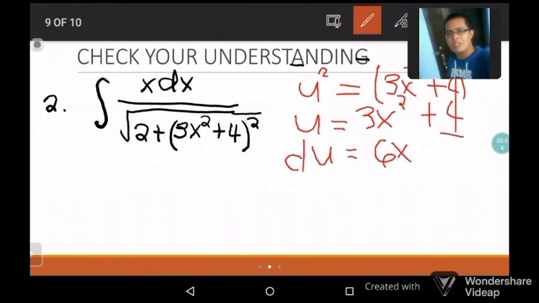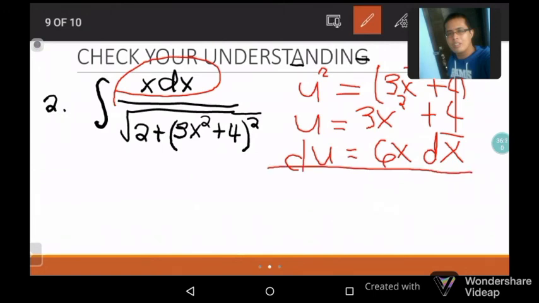So, we'll write dx. Ang problema natin dito, x dx siya. Ito, 6x dx. Anong gagawin? Siyempre, divide natin both sides by 6. So, magiging du over 6, which is equal to x dx.